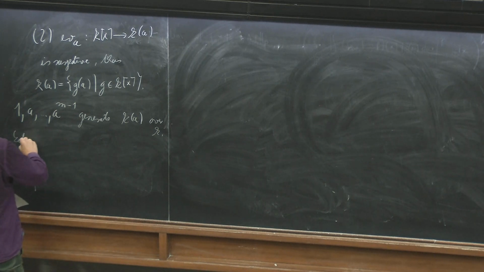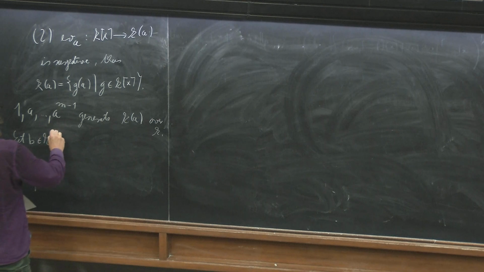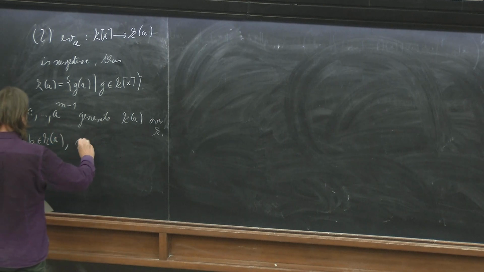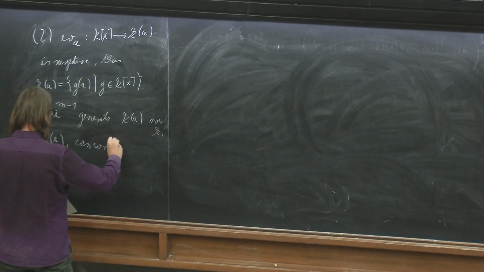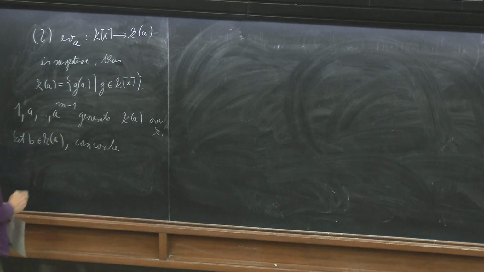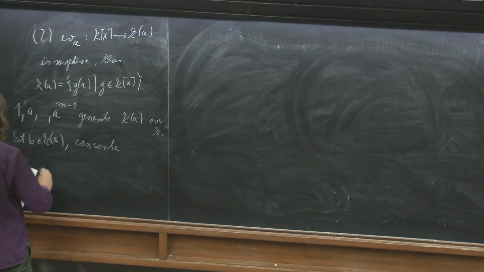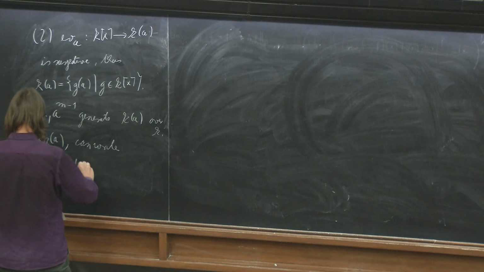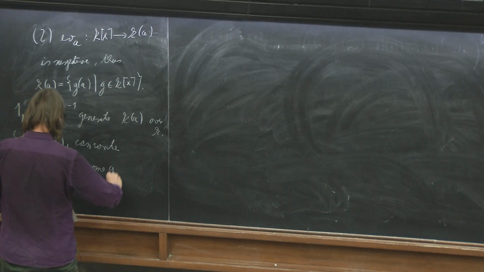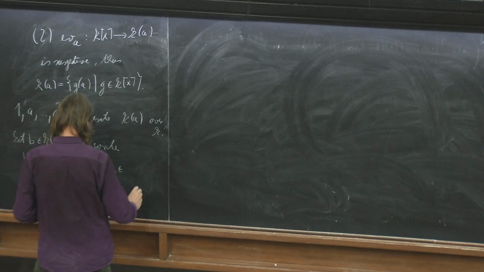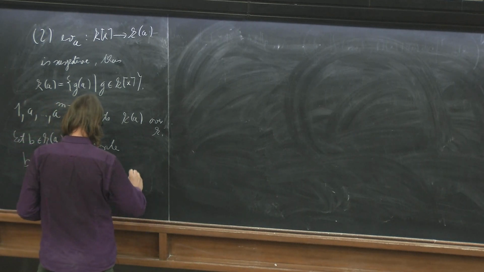If I take an element B in K(A), I can write it as a polynomial evaluated at A. So I can write B equal to g(A) for some g in K[X].